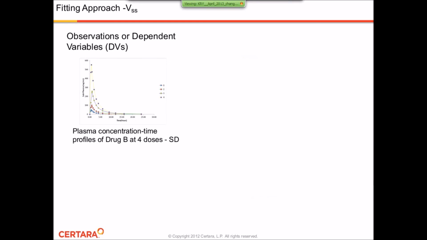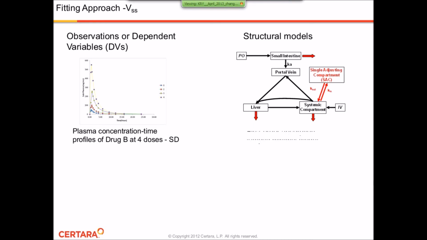Therefore, what we did was we took all of the single-dose data that we had available for drug B at 4 different doses, and we incorporated this within SimSip. So this is the single-dose data taken from the single-dose clinical study. This is the structural model that we've had. I told you we were using the minimal PBPK model and assuming first-order absorption.